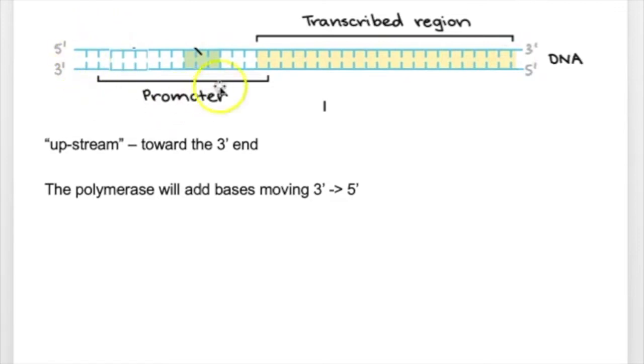So this white area represents the promoter, the green area represents the consensus sequence, and then the yellow represents the transcribed region. For the next couple of steps, I'm going to show you a sort of simplified version of this, but keep in mind that we are still talking about a piece of double-stranded DNA.